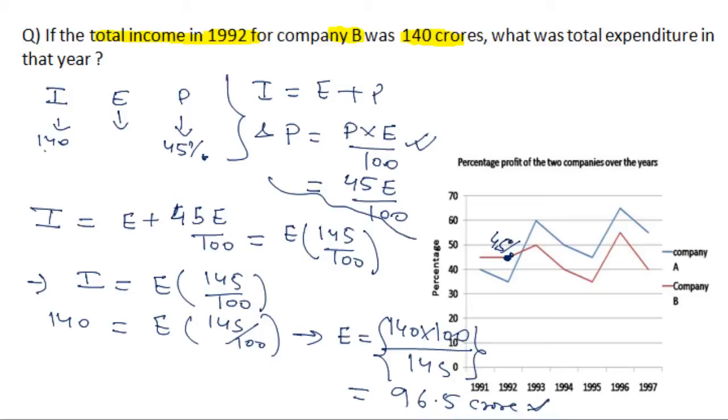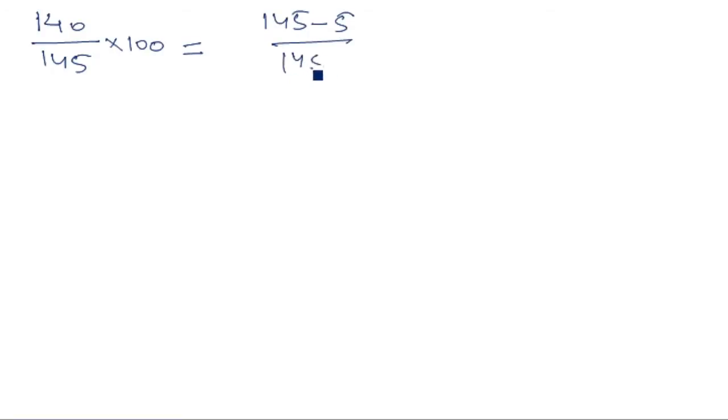Now, as for calculation technique, let me show you one thing. This 140 by 145 into 100 can be calculated by writing the numerator like this, okay? So we'll get 1 minus 5 by 145 into 100.